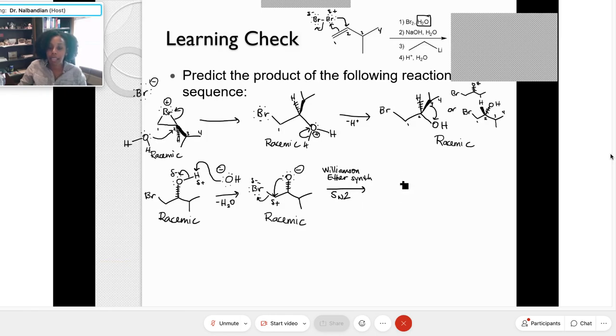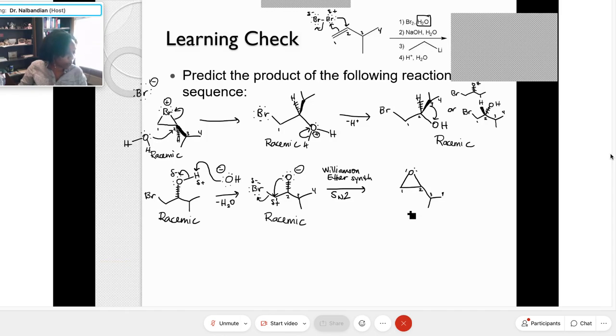So what do we get in the end? Well, again, this is 1, 2, 3, 4. We get this oxygen carbon bond, which forms a 3-membered ring, so we make an oxycyclopropane.